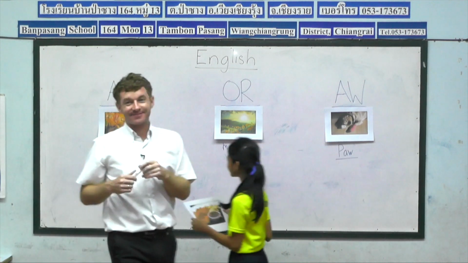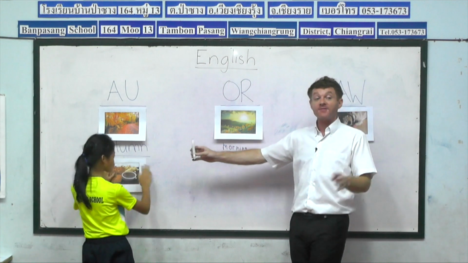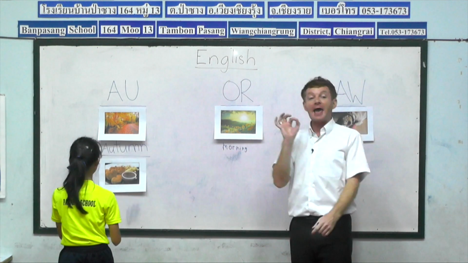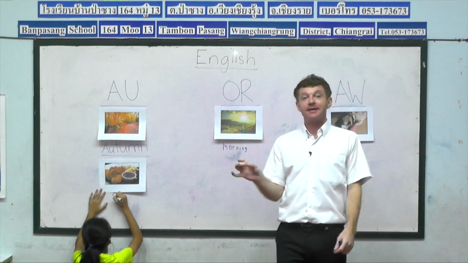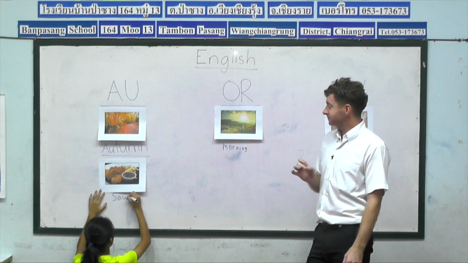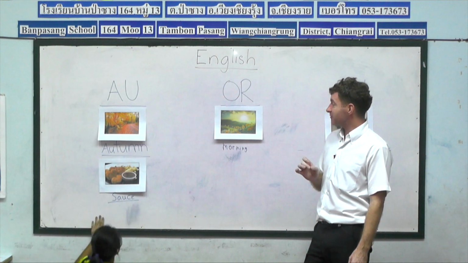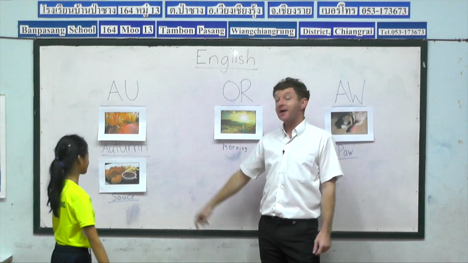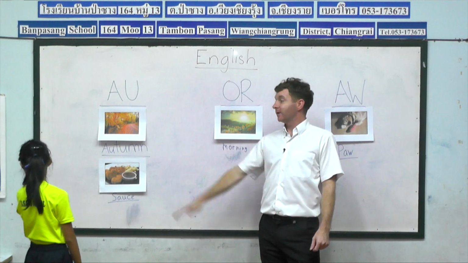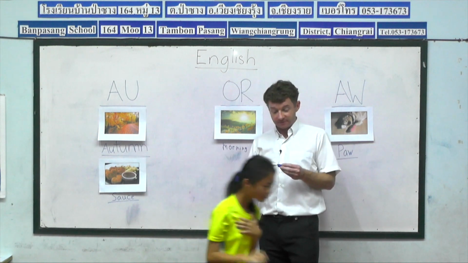A-U, correct. So Down, you can place it here, and then let's help Down to spell the word sauce. S-A-U-C-E. Excellent, guys. Sauce. Down, that's brilliant. So we can say together, sauce. Excellent, Down. High five and a big round of applause for Down, please, guys.